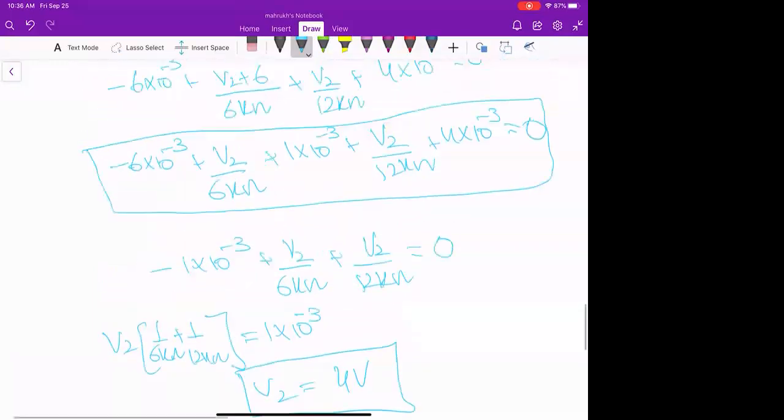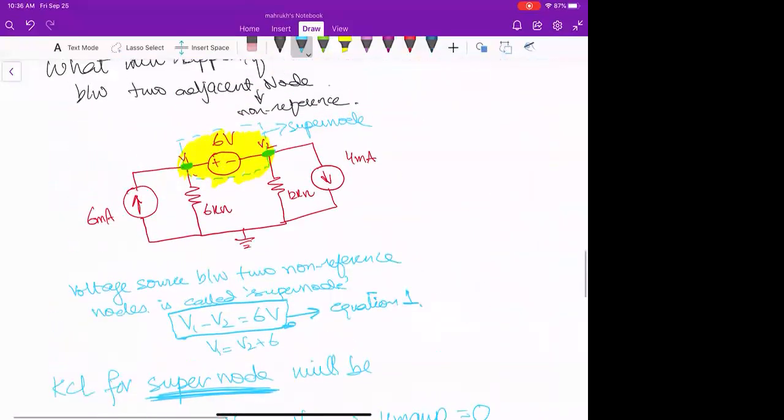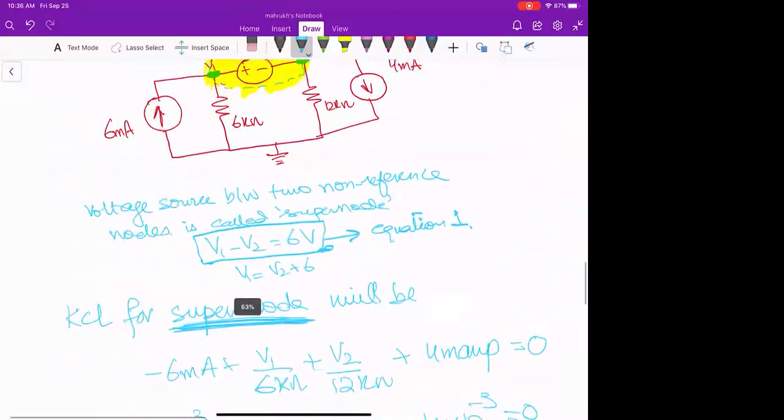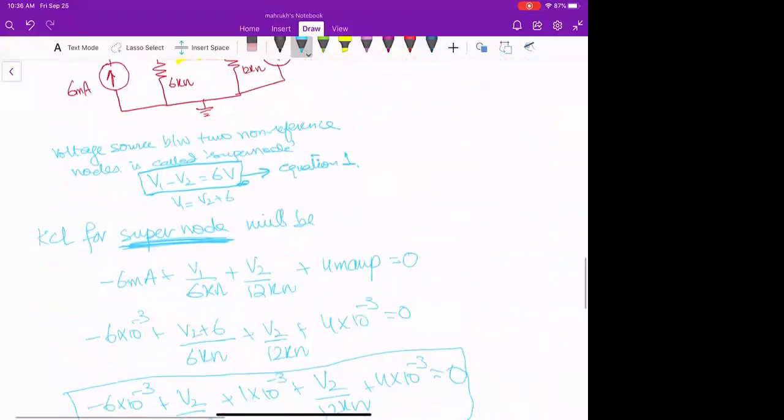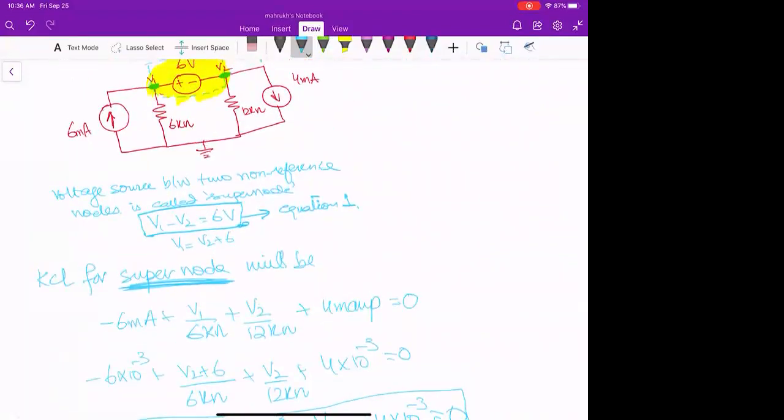Okay, so do you understand this supernode concept, or it's not clear? So what we have said is that V1 minus V2, we have defined it as one node. We said it's 6, and then we write the whole equation for the supernode.